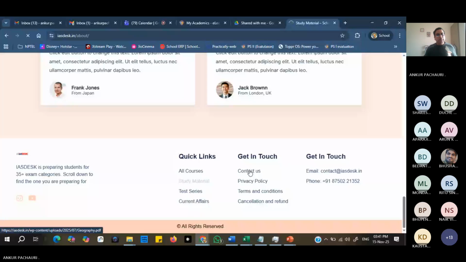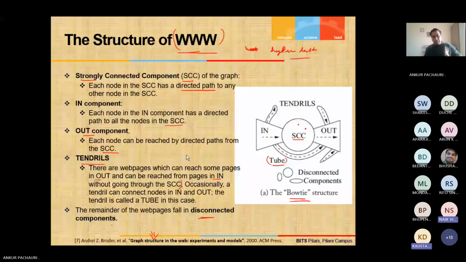Sir, last time we had an information retrieval subject, and there we studied web crawling. There also we have a similar concept, strongly connected components. For web crawling, we retrieve information going from different pages to different pages.